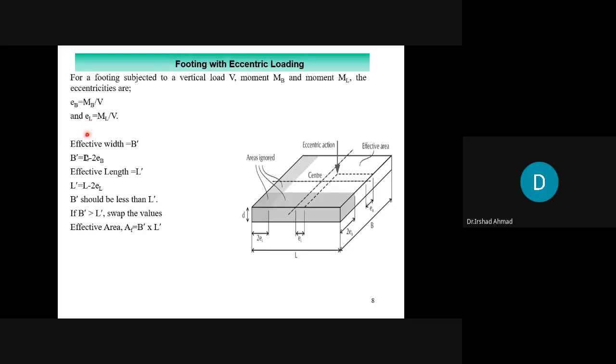So by using B prime equal to B minus 2EB, you can use this B prime in the Meyerhof bearing capacity equation. If you have any question, you can ask. Then we are going to solve a problem on the Meyerhof bearing capacity equation.